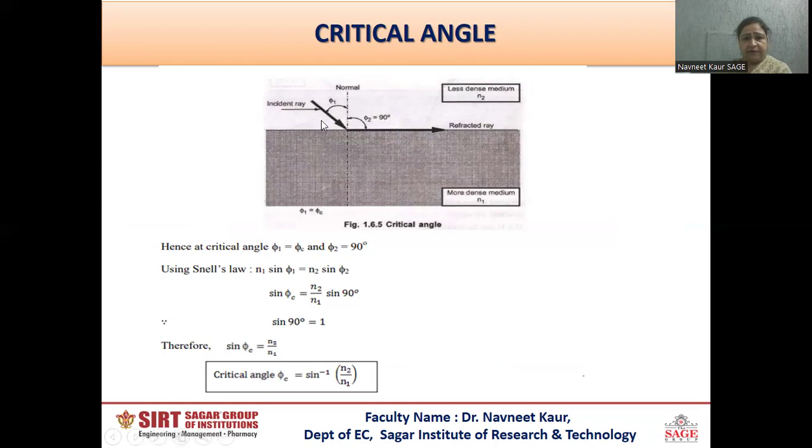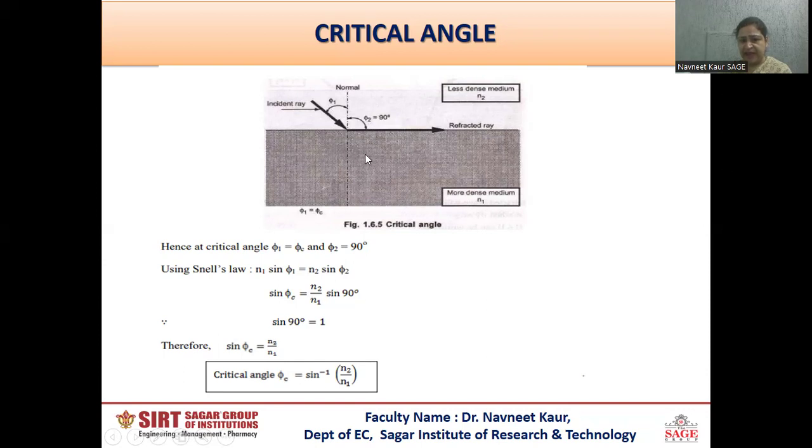Now, say I have an incident ray which is making an angle of incidence phi1 with the normal. If I go on increasing phi1, in that case, the angle of refraction will also go on increasing. If this angle of refraction goes on increasing, this light ray will eventually be parallel to the interface.